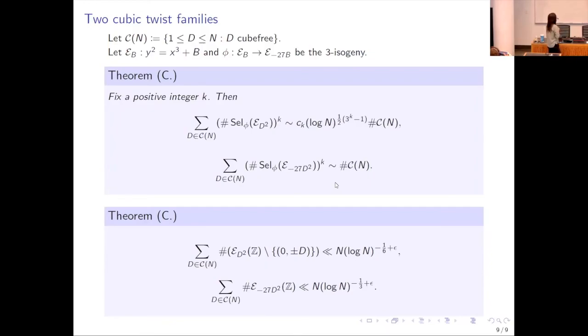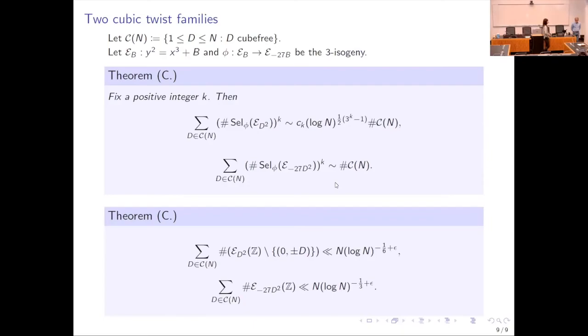Here, 0 and plus or minus d are just the 3-torsion points. I'm removing the 3-torsion points, and after I remove any trivial points, I get what I expected, which is that on average there are 0 integral points. Okay, so I will stop here, I think.